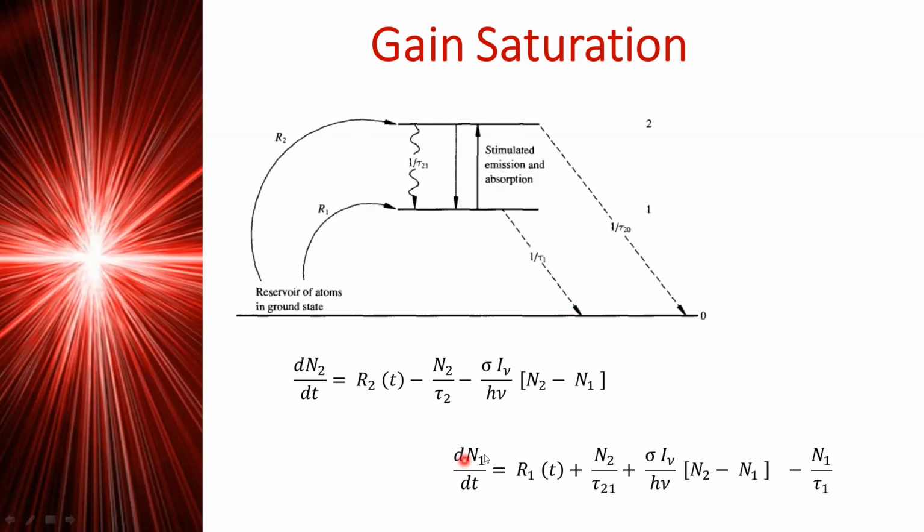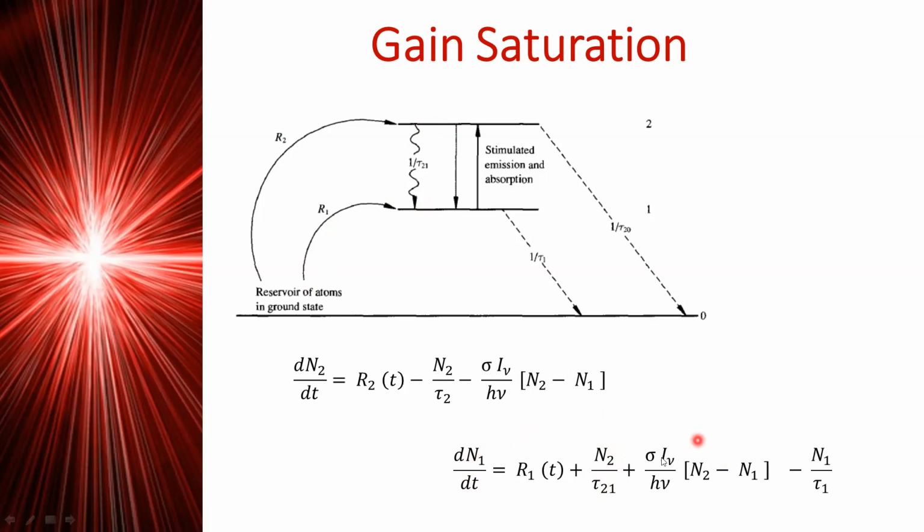Then dN2 by dt is equal to positive R1 of t, the bumping rate from 0 to 1. We have a positive term here, which is N2 over tau 2 1, which is the spontaneous emission from 2 to 1. Again, this will increase.